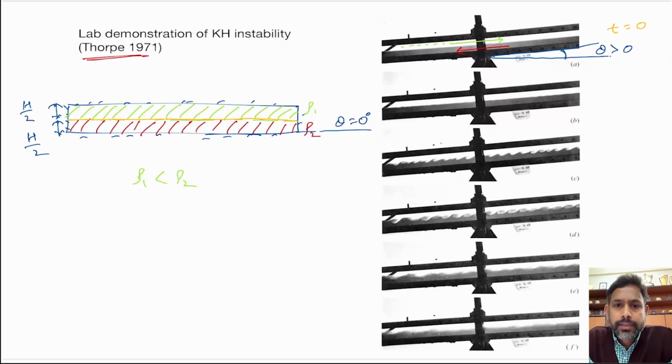Why? Because the red fluid is heavier in density than the green fluid, and that's why the heavy fluid tries to come down and the lighter fluid tries to go up once the tank is tilted.